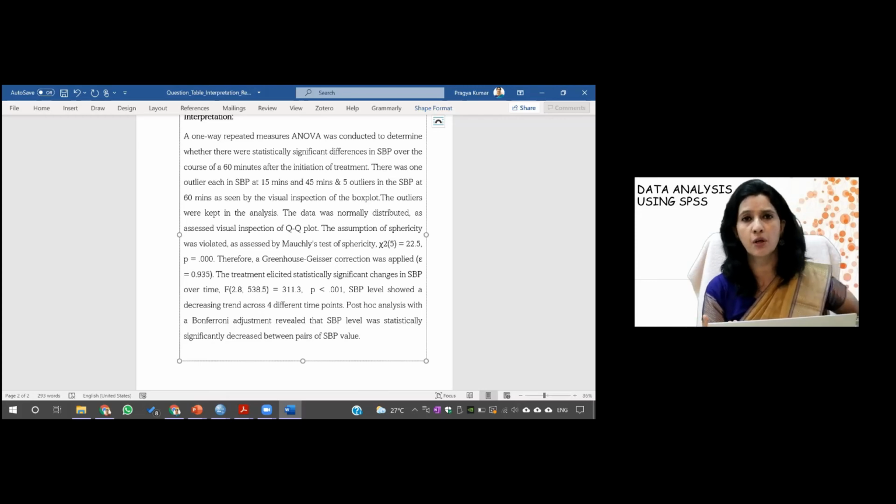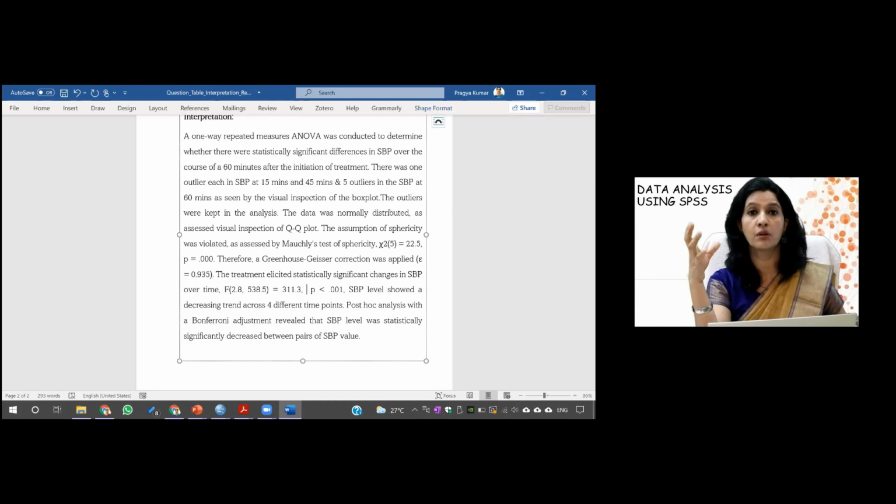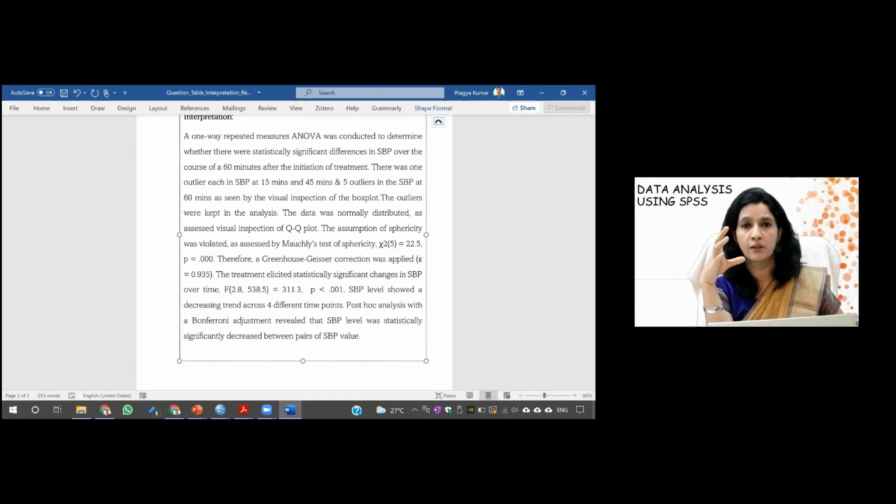Repeated measure ANOVA is a specific type of study design, and the beauty of this design is that even with a smaller sample, you can study the effect of 4 conditions. Otherwise, you would need to take 4 different groups of individuals. But with repeated measure ANOVA, with fewer subjects, you can apply the 4 conditions on the same set of subjects and see the effect.